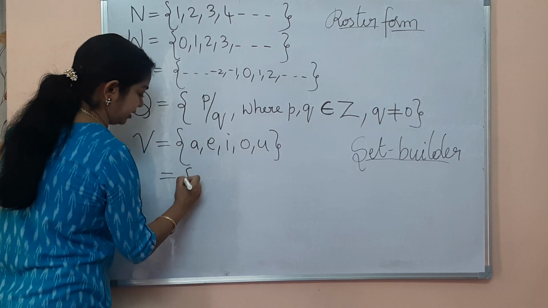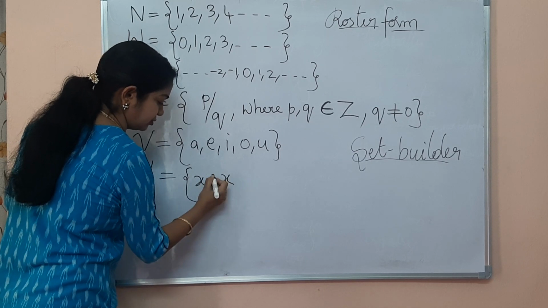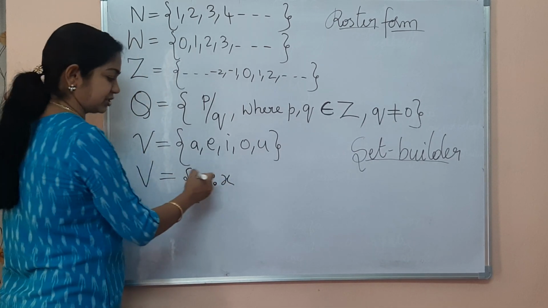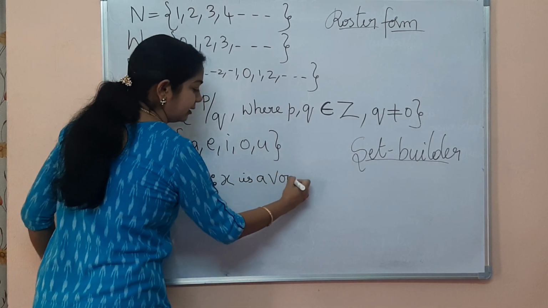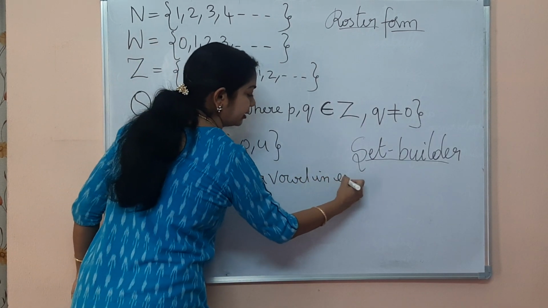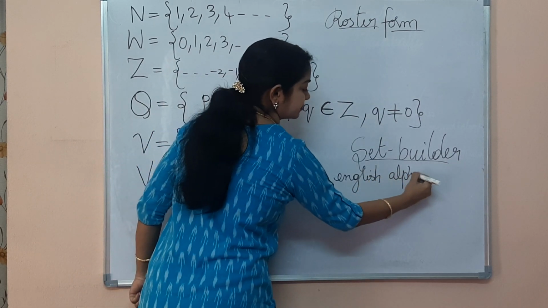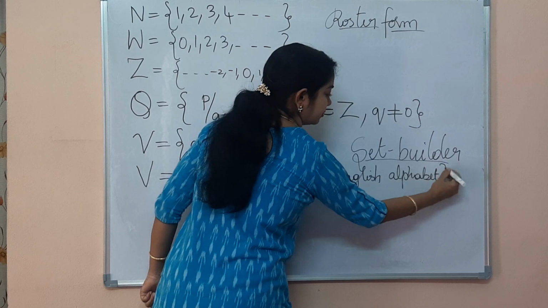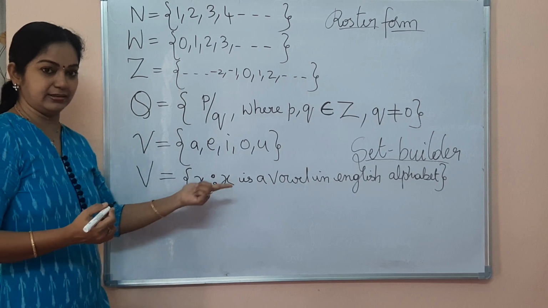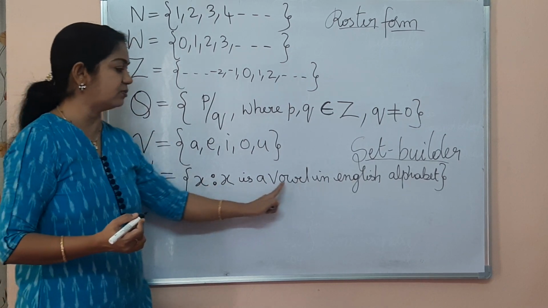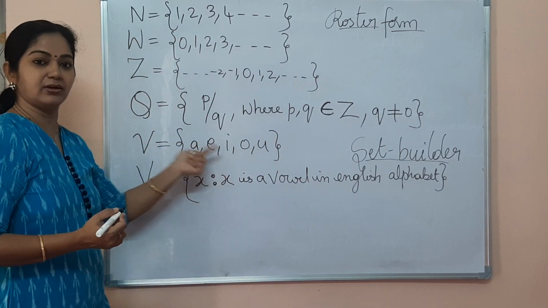Here, X such that, these two colons we call as such that, X such that X is a vowel in English alphabet. So this is the condition we write in the set builder form. The roster form of this is directly listing out the elements.